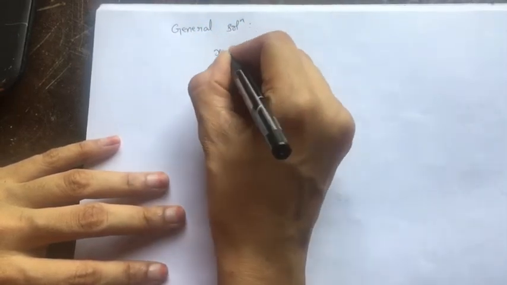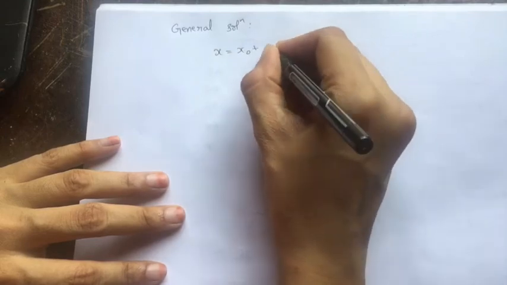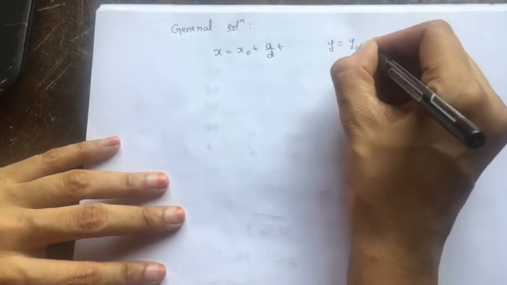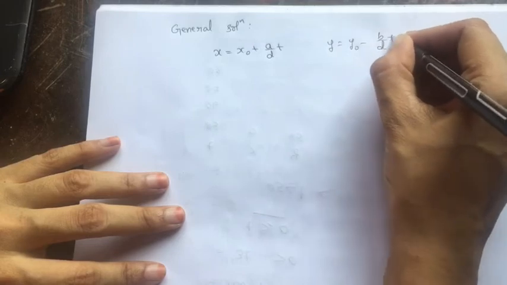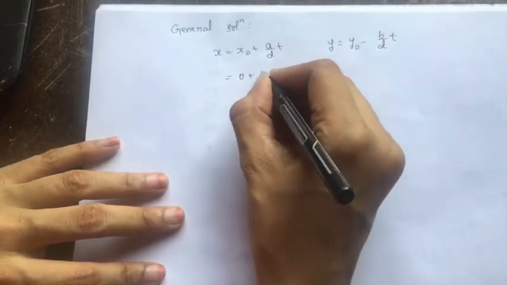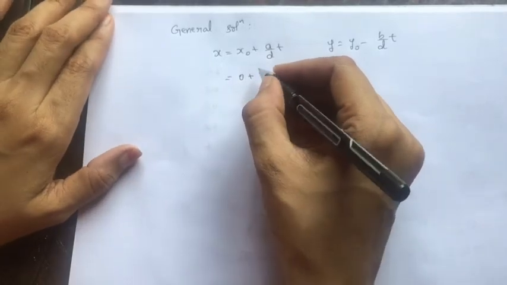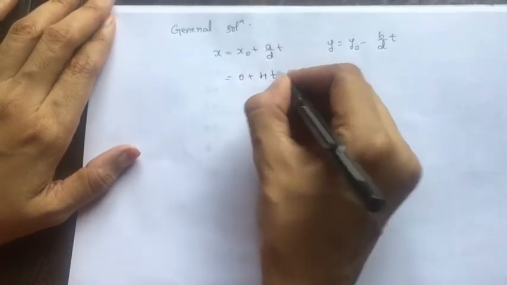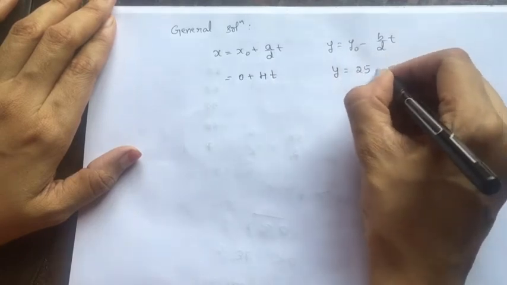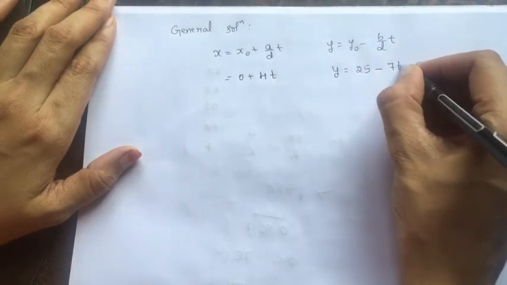We know x equals x naught plus a by d into t, and y equals y naught minus b by d into t. So x naught I'm considering as 0 plus a by d into t, so this will be 4t, and y equals y0, which is 25, minus 7t.